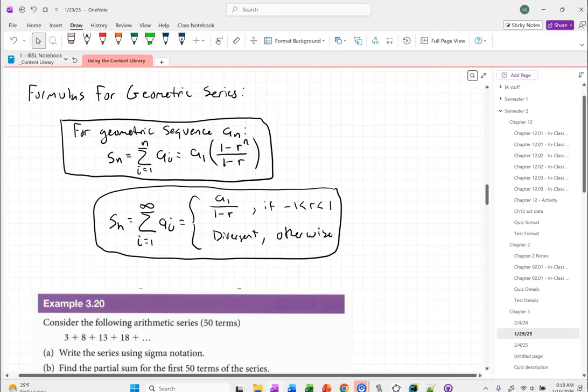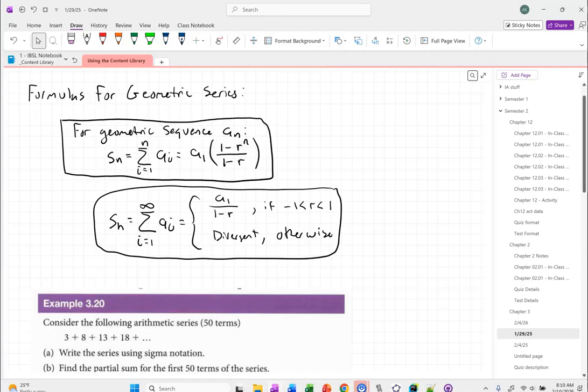Note that for an infinite geometric series, the answer is not infinity, which is kind of wild to think about. It's cool if you're telling me I can add up infinitely many things, and I can get a finite answer. Whoa, that kind of blows my mind.